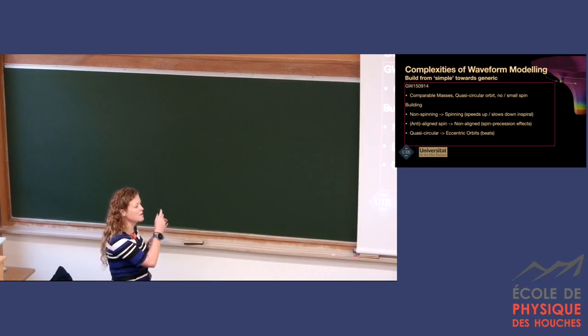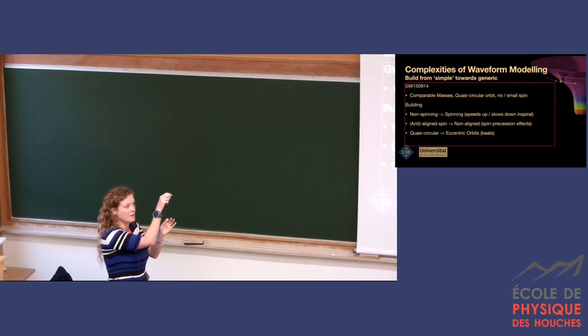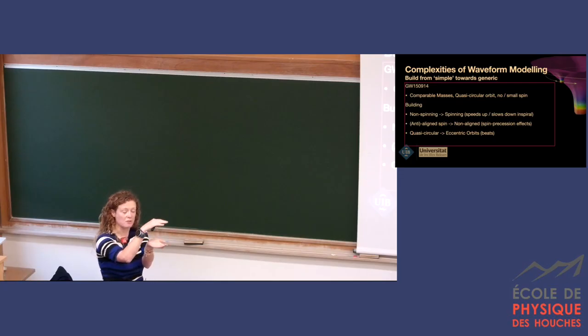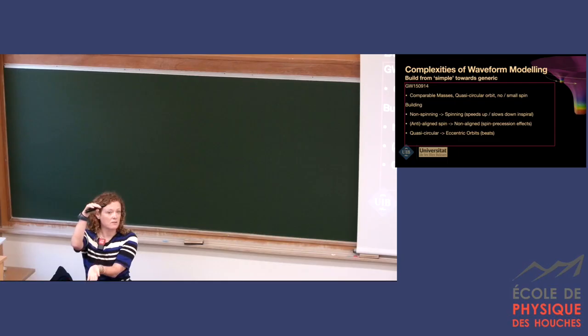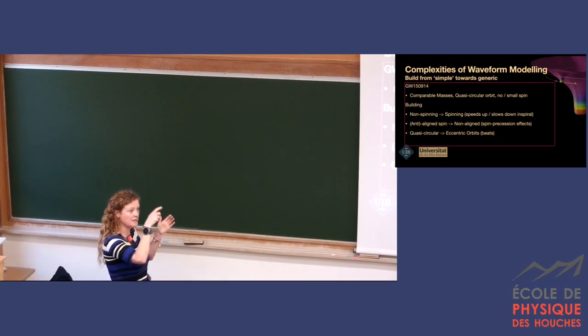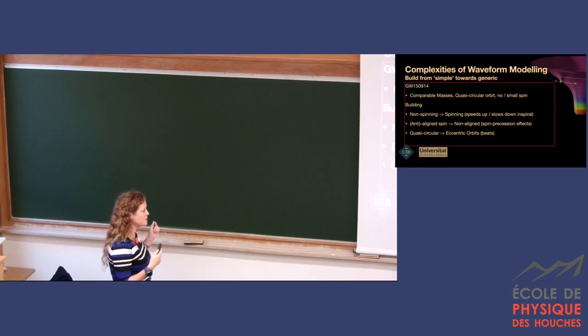Eccentric orbits can be seen as a beat. Remember I said that the circular one was a nice sine wave, but the beats are more like when the two bodies are close together at your pericenter passage, you're going to have a strong waveform emission, and then as it goes further away, the amplitudes are going to go down. And as it gets closer, it's going to get bigger, and you have more of a beat to your waveform.